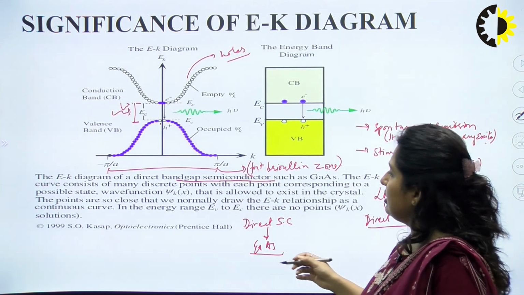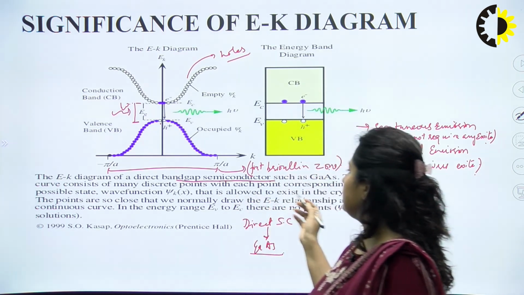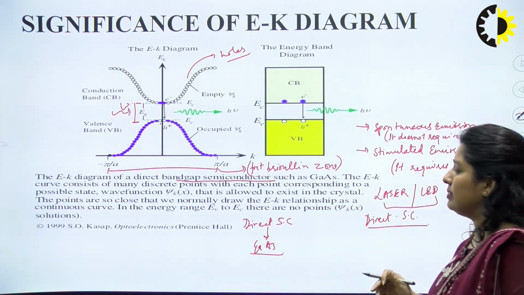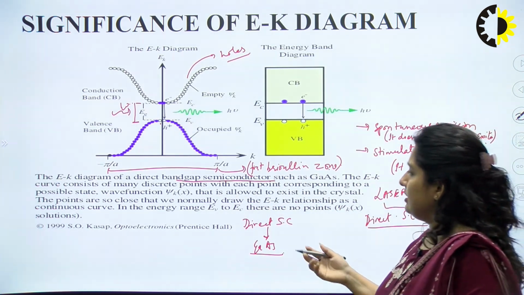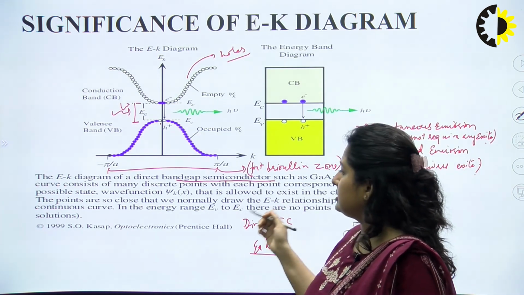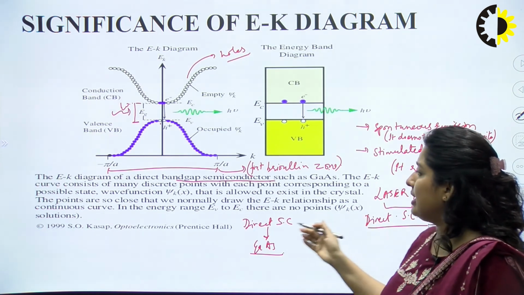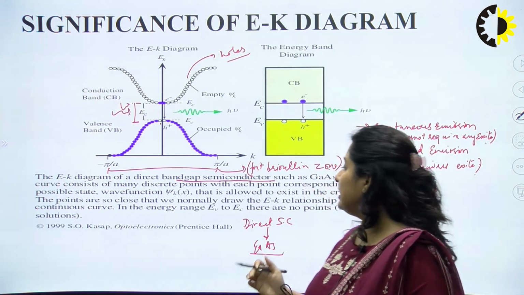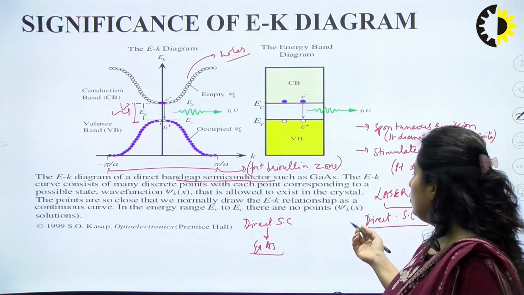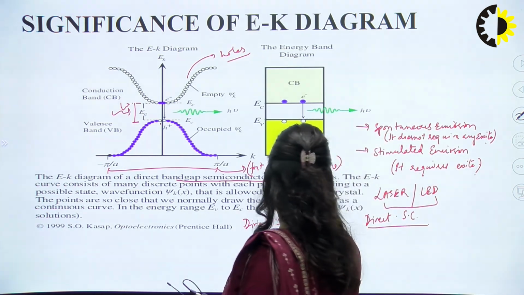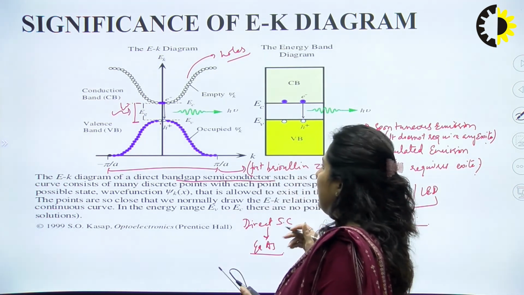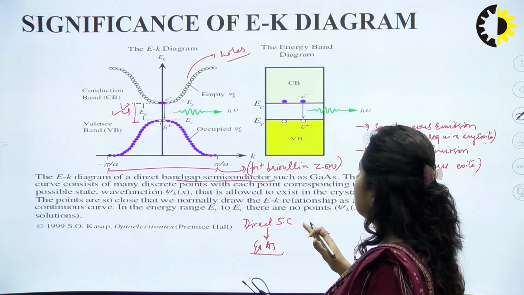The EK diagram curves consist of many discrete points, with each point corresponding to a possible state wave function psi x that is allowed to exist in the crystal. The points are so close that we normally draw the EK diagram as a continuous curve in the energy range EV to EC. So we have this type of EK diagram for gallium arsenide.